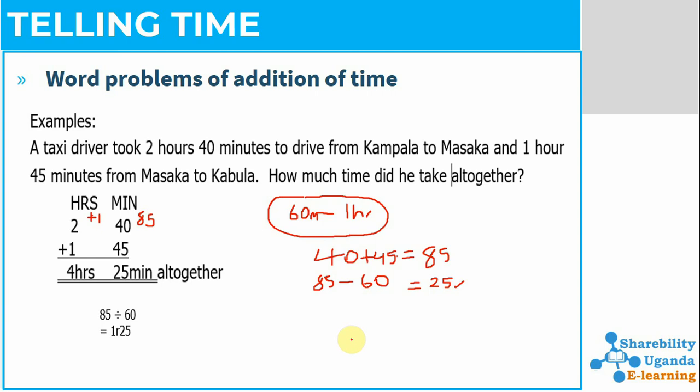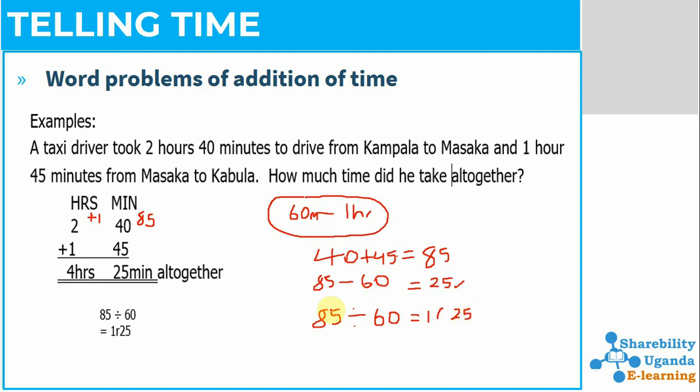All right. So you can also use another method. This method we have used in our recent videos. When you have 85 as your total minutes, you can divide it by 60 minutes, which is equal to 1 hour. So when we divide this, we get 1, then we have what we call a remainder, which is 25.